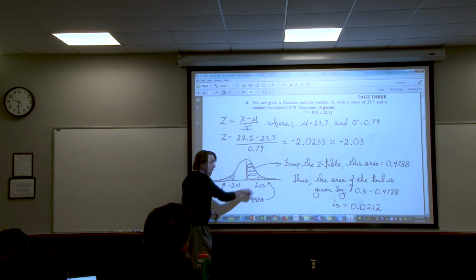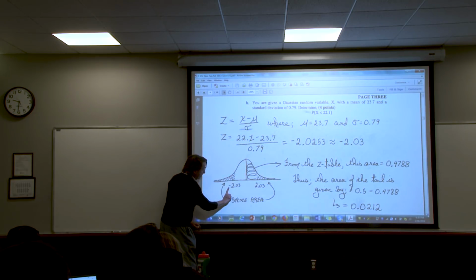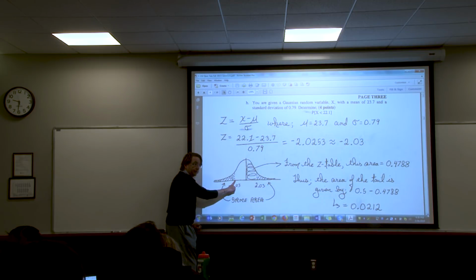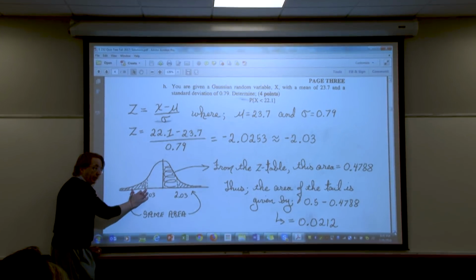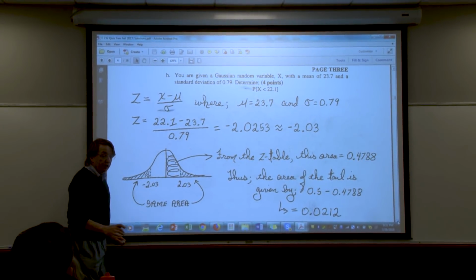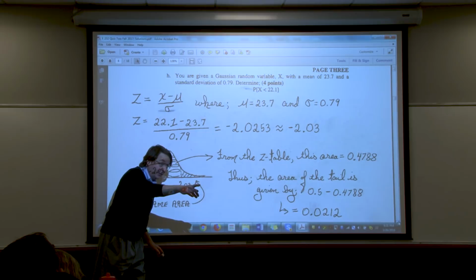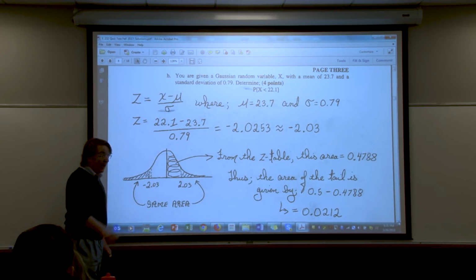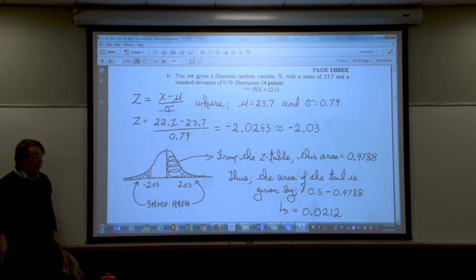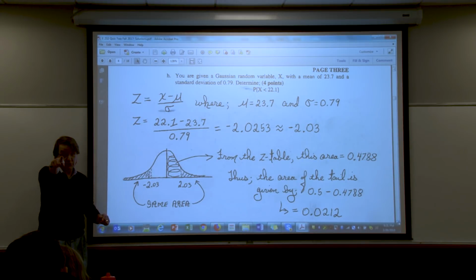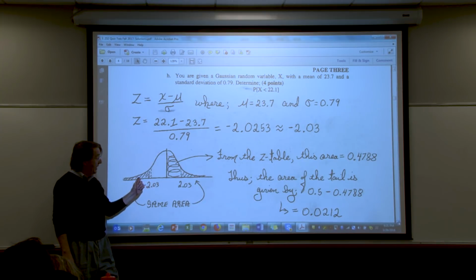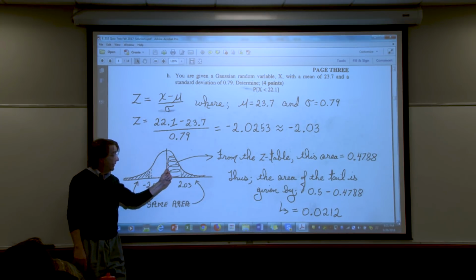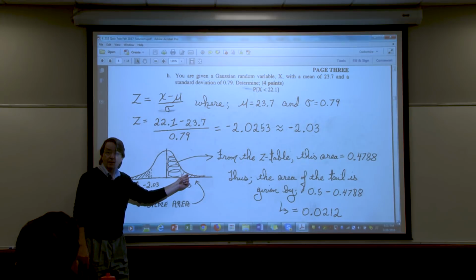So I draw the Gaussian curve, and here is minus 2.03. I want to get this area here. Now, this gets back to the excellent point we had just a few moments ago. We have to know how to get this using a single-sided table. So I use symmetry. Home audience, we use symmetry here on a Monday night on campus. Symmetry here says this area is the same as that. And that's what I want.